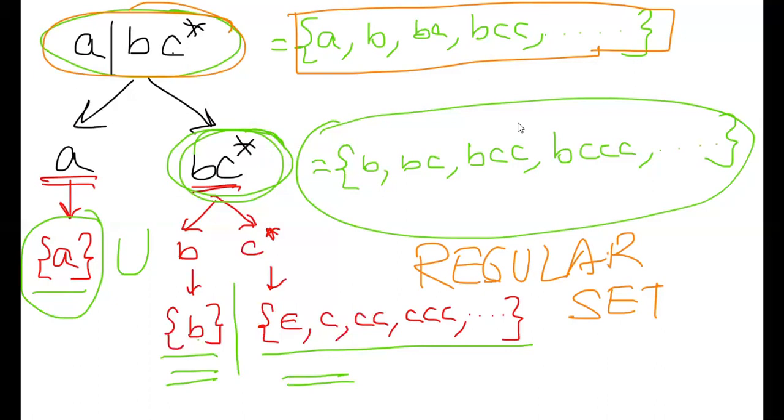Let us take another, slightly more complex expression. Let us take this: AB or C star D. Here also we can break this down.